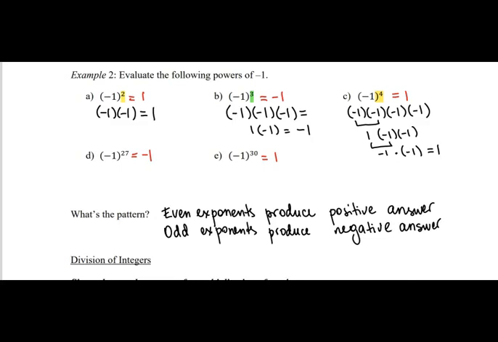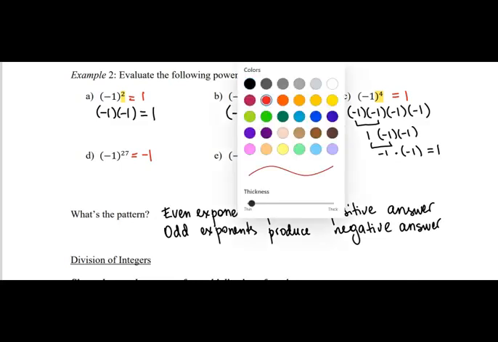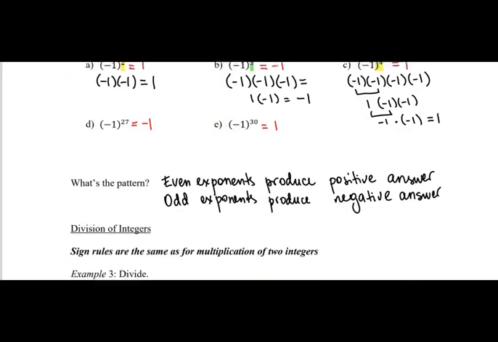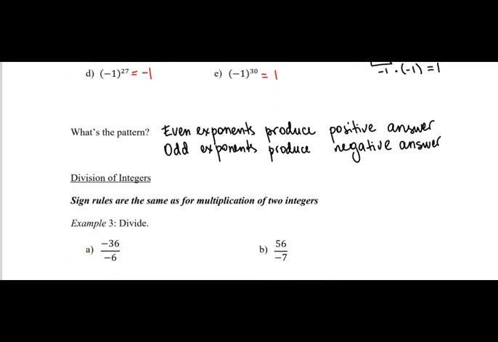Now, when do they do that? We need to specify, because that is not a general rule for all numbers. When they are applied to negative numbers, to a negative base.